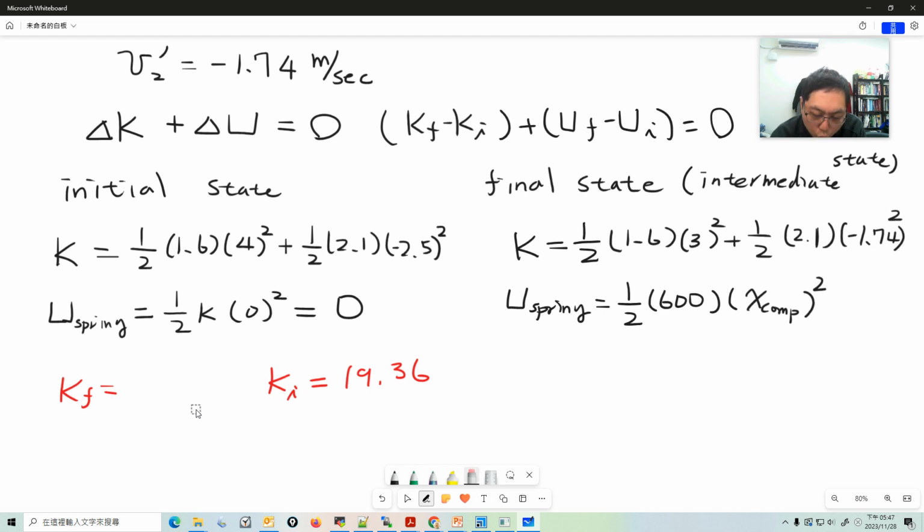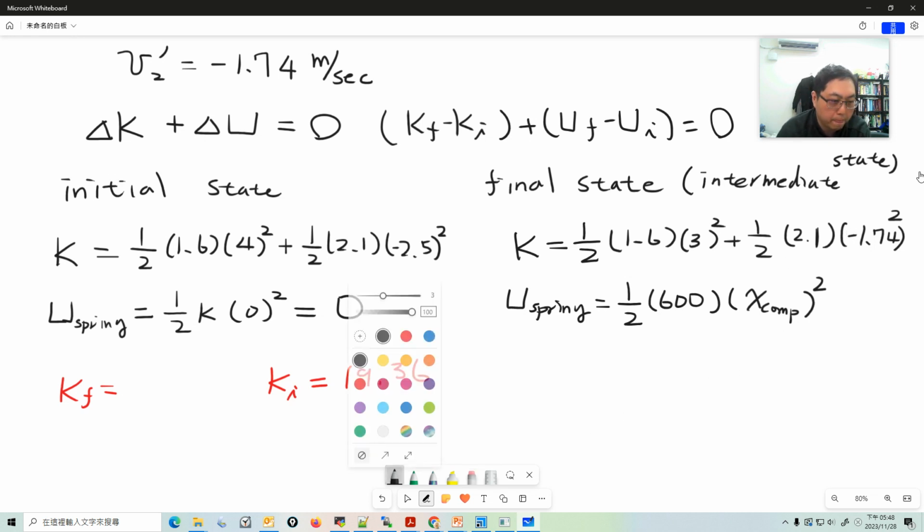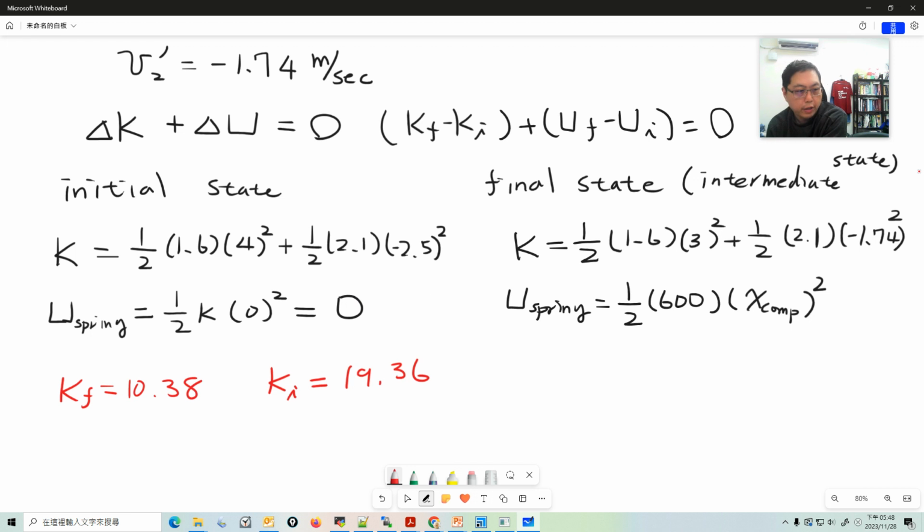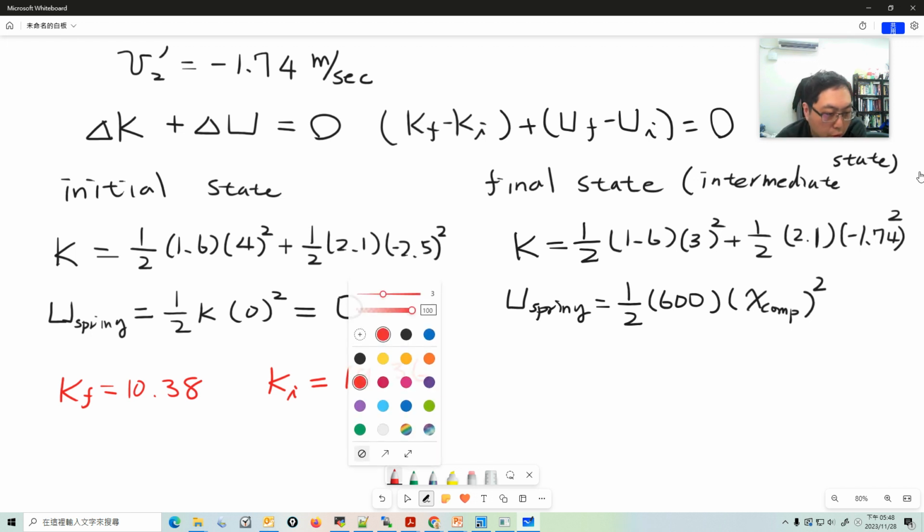So let me calculate again: 0.8 times 9 plus 0.5 times 2.1 times 2.74 squared. So it's 10.38. Okay, I think we got everything.